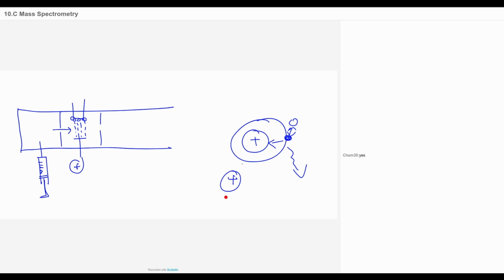This is how the high energy electron from the electron gun removes an electron from the species. If it's an atom, you get the ion; if it is a molecule, you get the molecular ion. Then it enters the next chamber, the accelerating chamber.